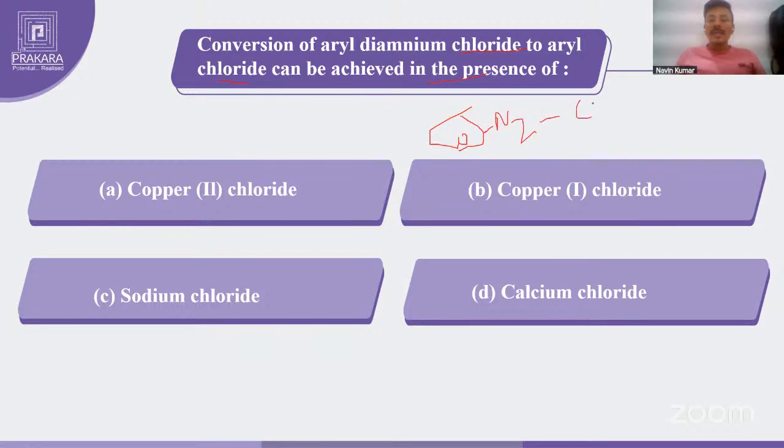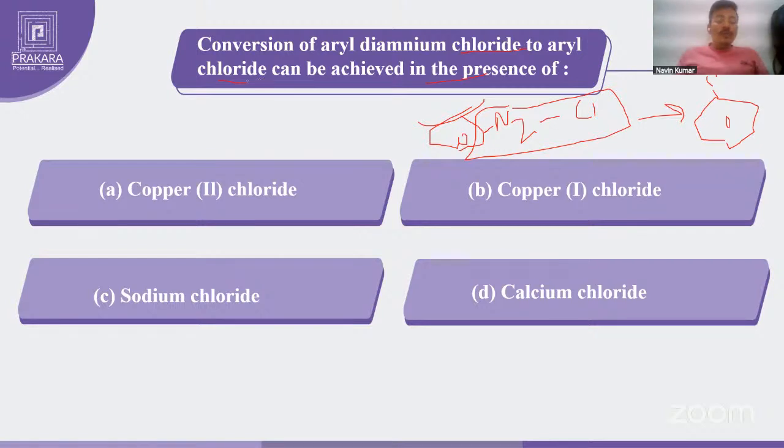So this one is aryl diazonium chloride, N2Cl. If you want to convert this into aryl chloride, that means chlorobenzene, which reagent are you going to use?